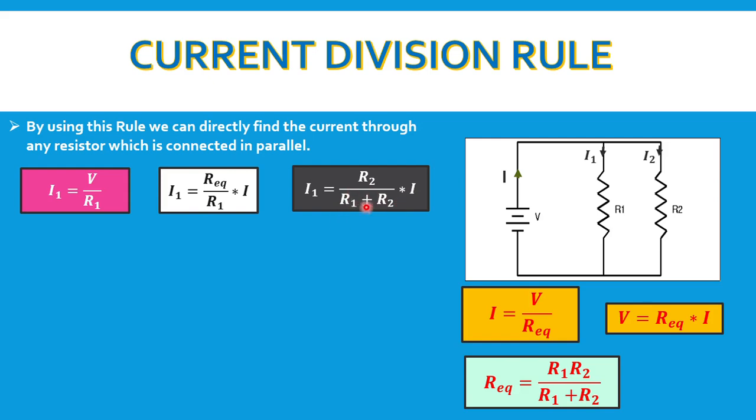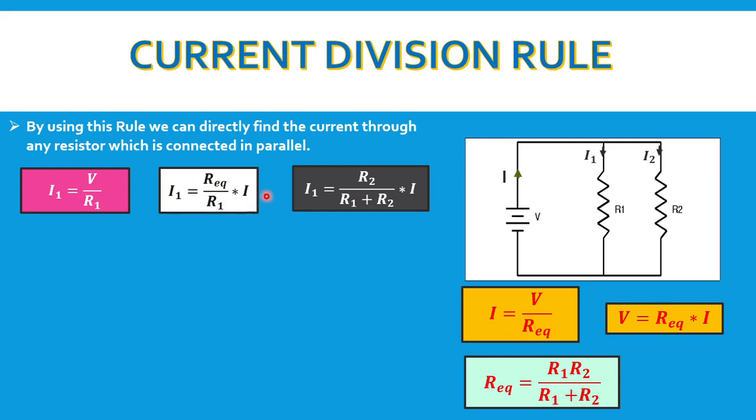So where does this formula come from? Here I have taken the value of R equivalent. What is R equivalent for these two parallel resistors? R equivalent is equal to R1 R2 upon R1 plus R2. By putting the value of R equivalent here, we get this expression, that is, I1 is equal to R2 upon R1 plus R2 into I. This is an important formula.